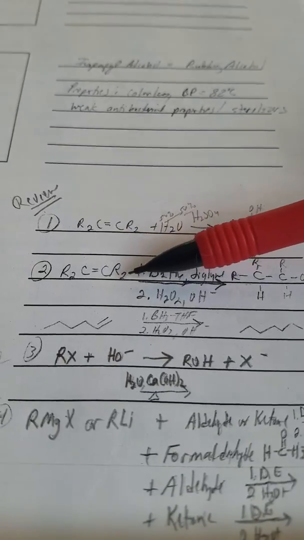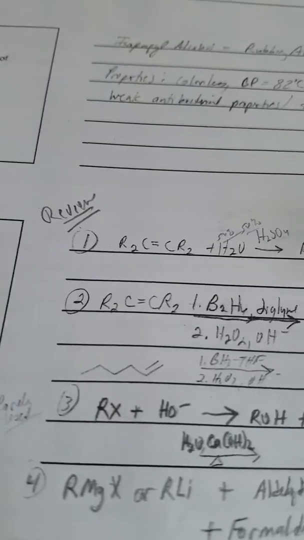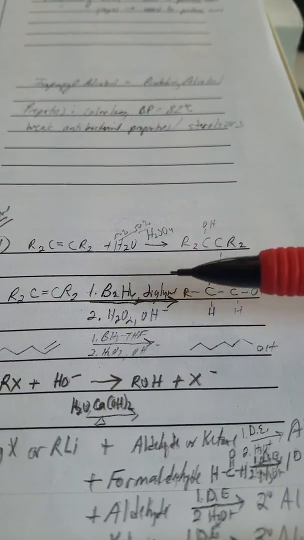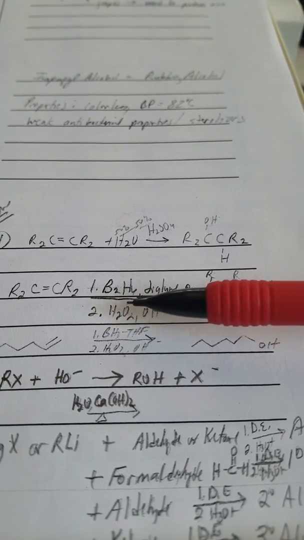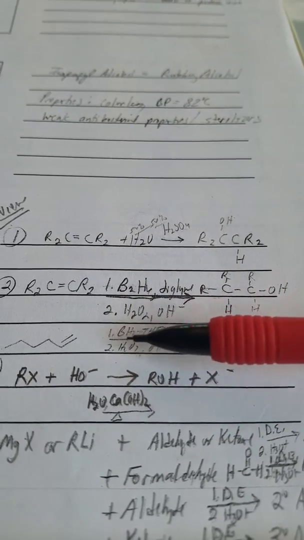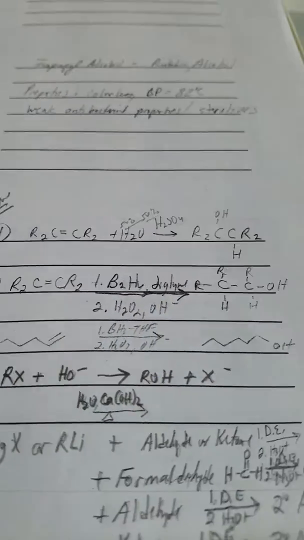The second one is your hydroboration, oxidation of an alkene. So in this one, you're going to use either your diborane, your diglyme as your solvent, your oxidation step with your peroxide and your base, or you can use just your borane, your BH3, and your tetrahydrofuran.